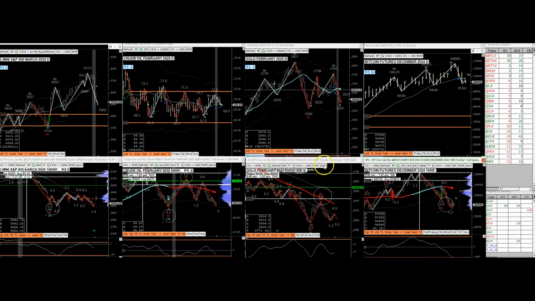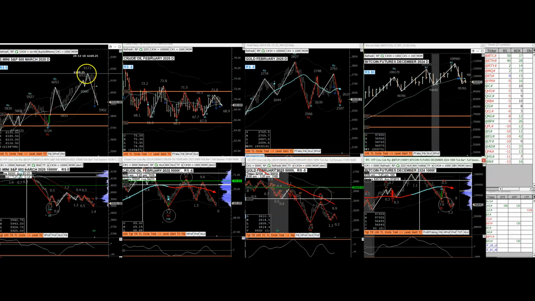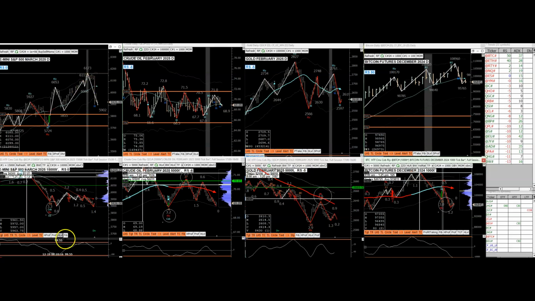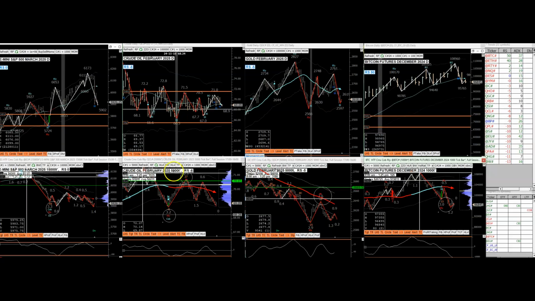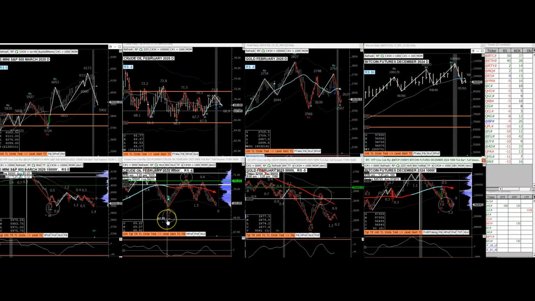So again, we see this in the ES here. When it went up there, boom, crack. Right there. We see this in crude oil, crack, right there. This is a sideways trend, but you see the crack. It doesn't matter if you're up, down, whatever, sideways.